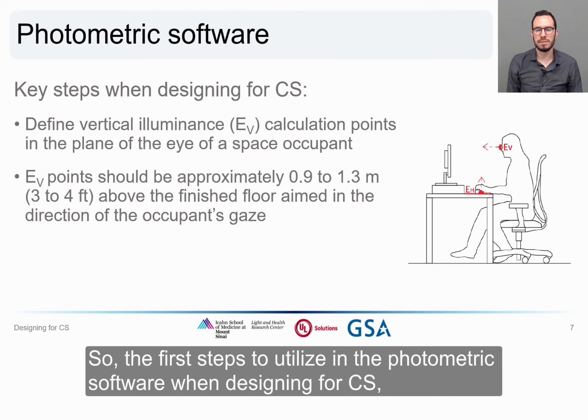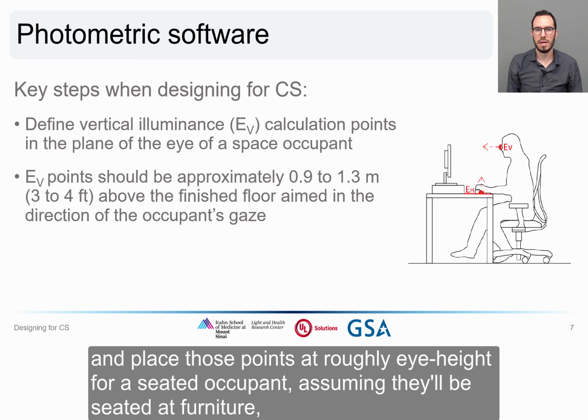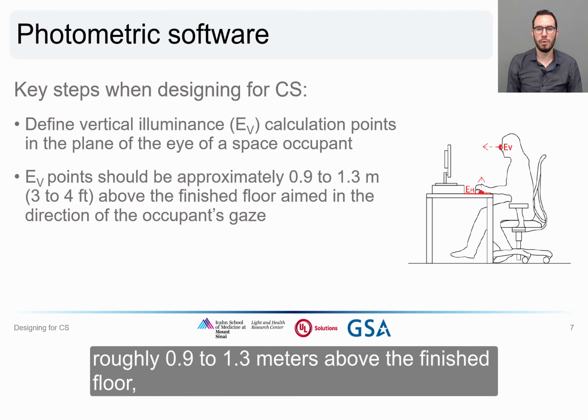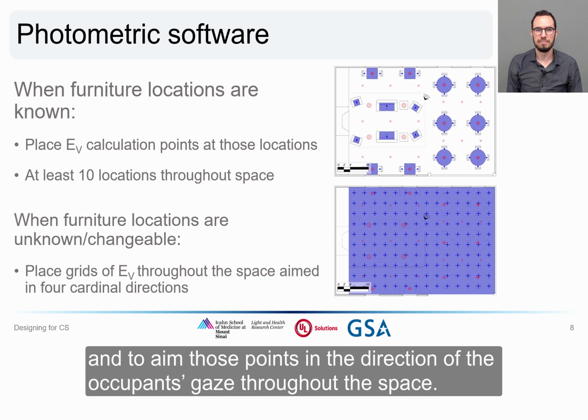So the first step to utilize in the photometric software when designing for CS is to define the vertical illuminance, or EV, calculation points in the model and place those points at roughly eye height for a seated occupant, assuming they will be seated at furniture, roughly 0.9 to 1.3 meters above the finished floor, and to aim those points in the direction of the occupant's gaze throughout the space.